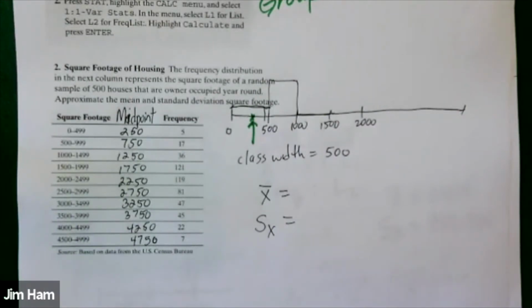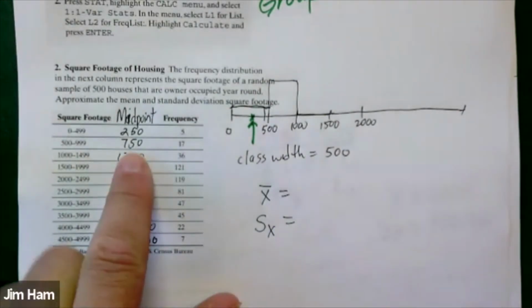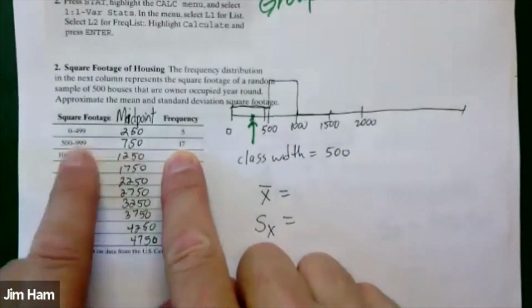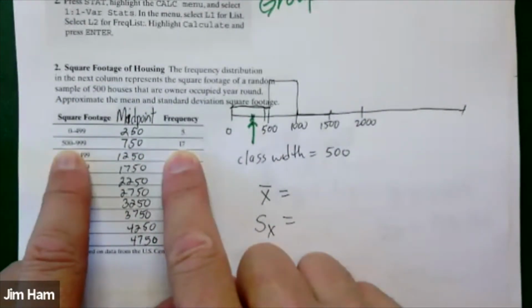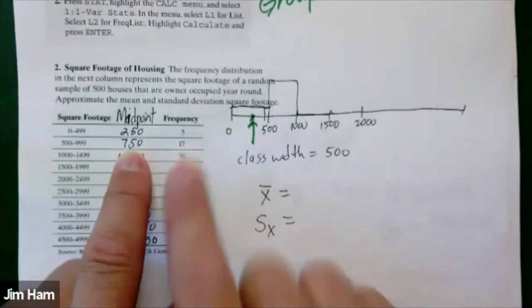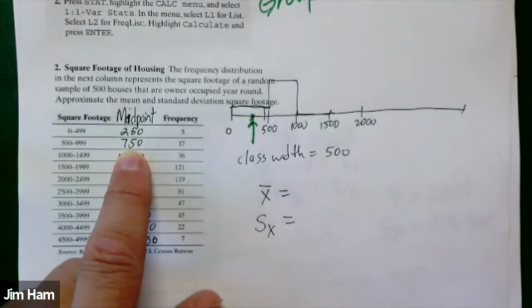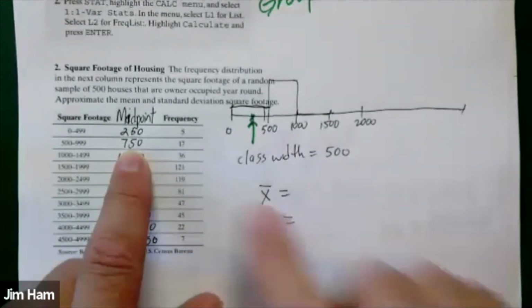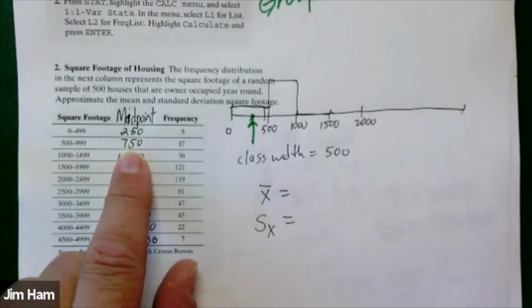So we're going to estimate by using the midpoint and assume every one of those 17 houses in the range from 500 to 1,000 square feet is 750. And if we had the actual data, the sum of those 17 data values would be very close to 17 times 750.